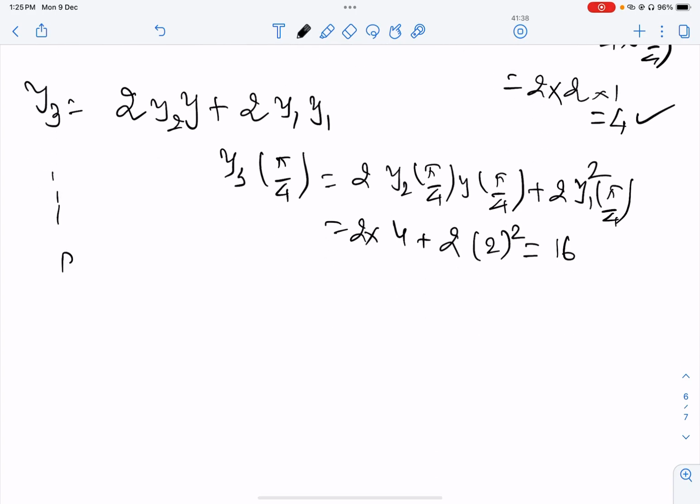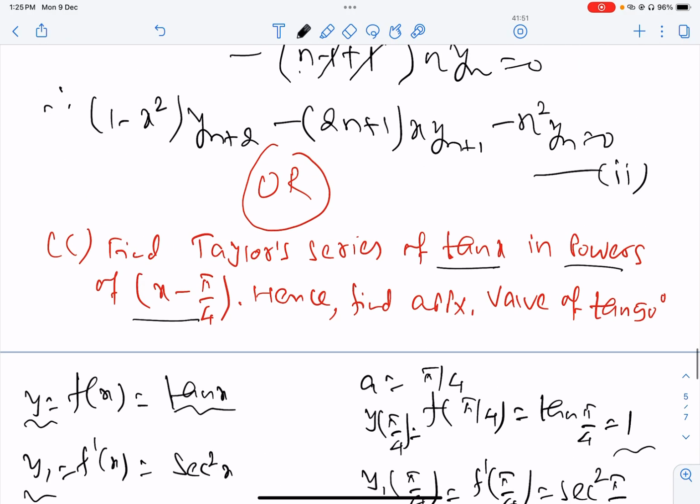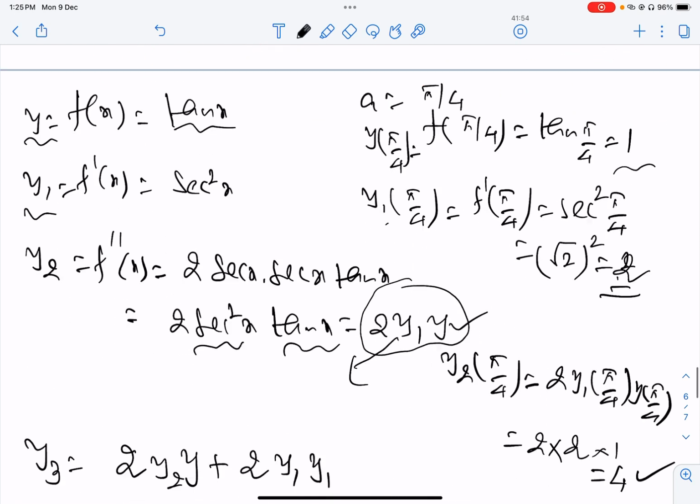So now by Taylor series, f of x, that means tan x, in powers of x minus pi by 4.